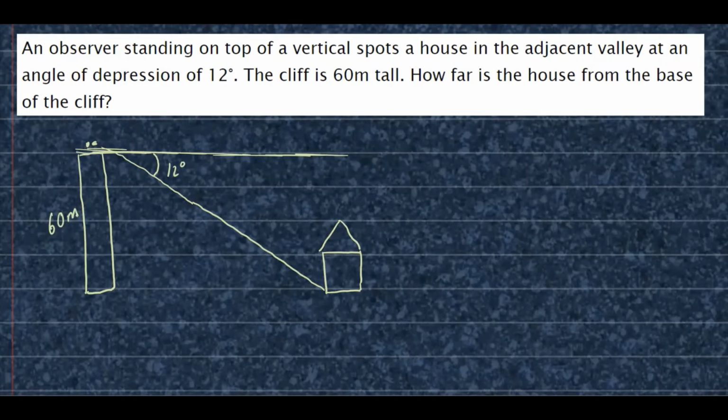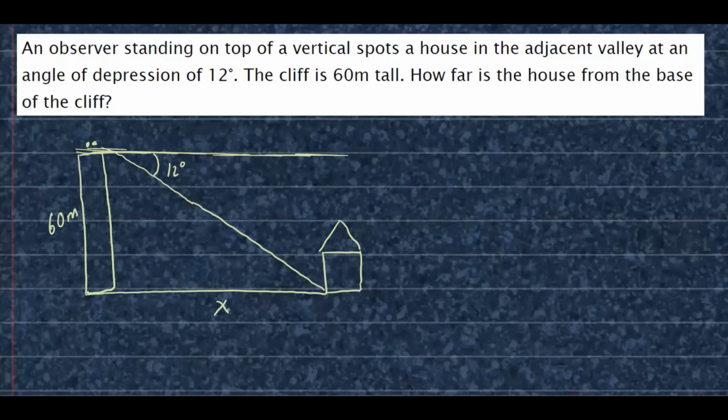Well, we want to find how far the house is from the base of the cliff. So we're looking for this. That's the portion we're looking at. Now here we want to use the angle of elevation because we're given the angle of depression. So there are two ways really you can do this problem. You can figure out the angle of elevation by using the congruent relationship, or the alternate interior angles we mentioned earlier.